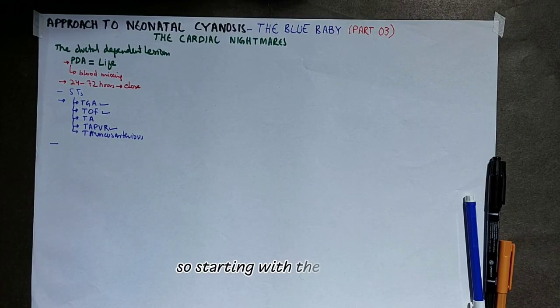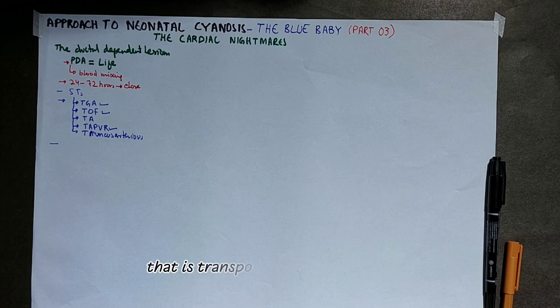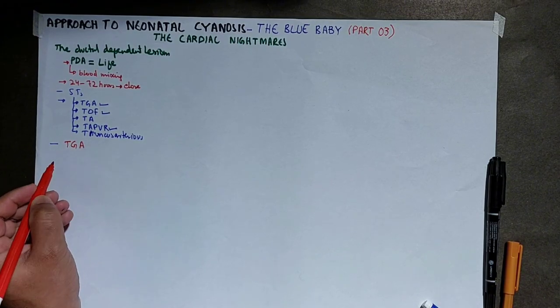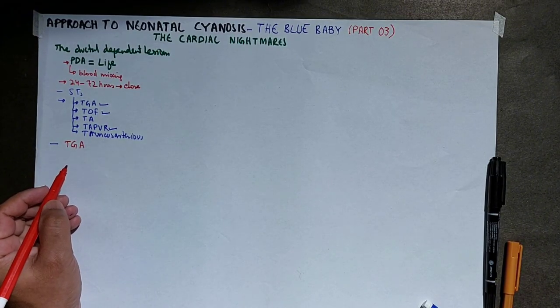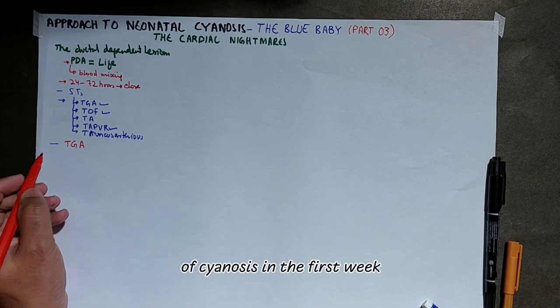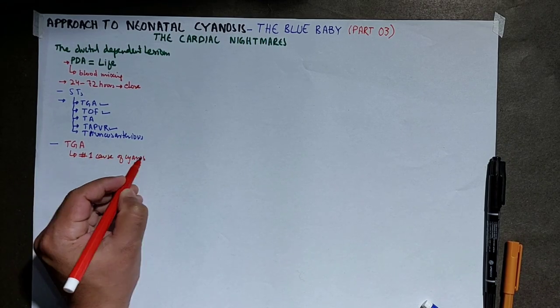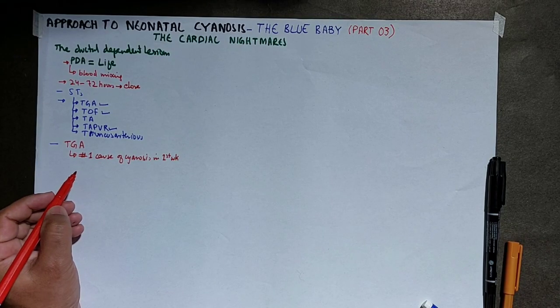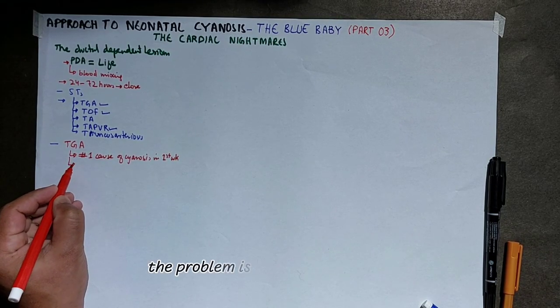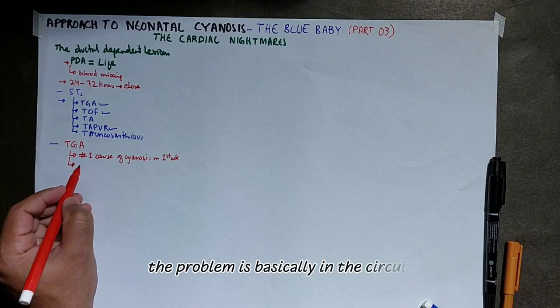So starting with the first one, that is transposition of great arteries, TGA. This is the number one cause of cyanosis in the first week. Where is the problem? Here the problem is basically in the circuit.